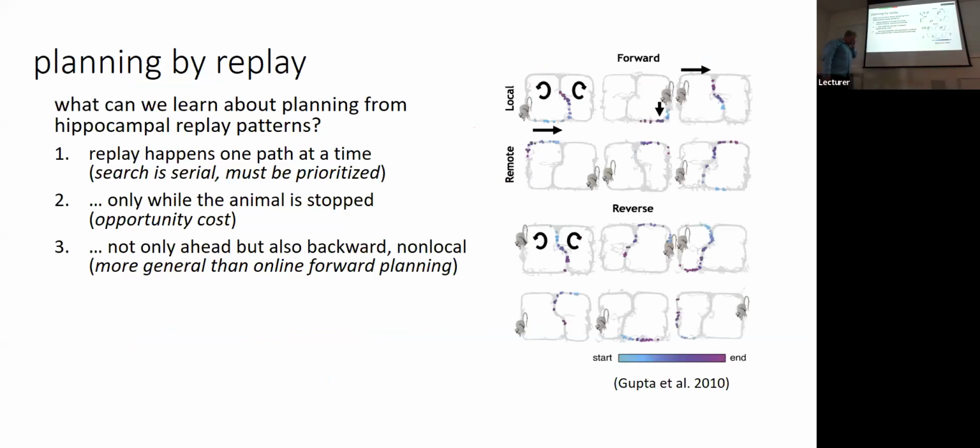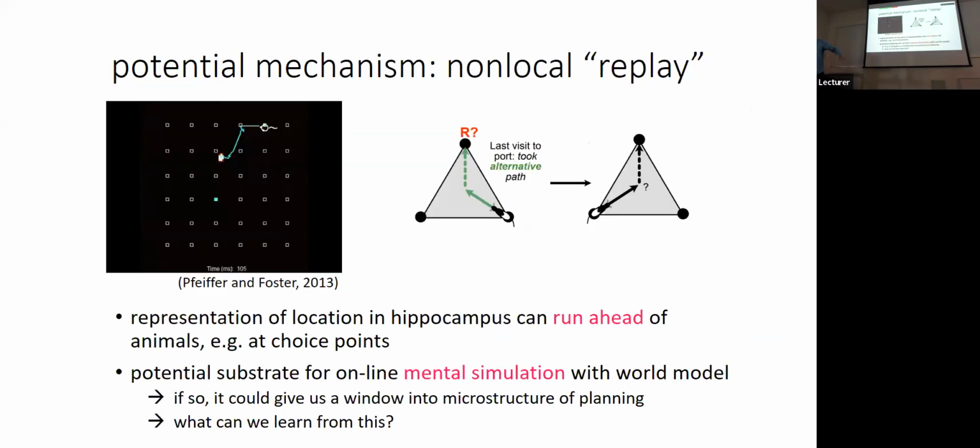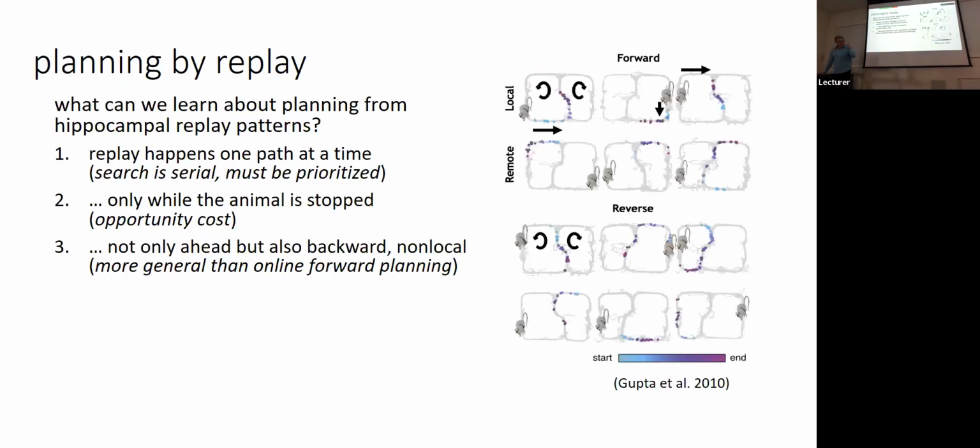So if we take this idea seriously, and again, it's only a hypothesis, I think we can immediately conclude a few things, or hypothesize a few things. The first thing I notice about this is it's like one path at a time, right? It's not a sphere, it's not a cone, right? It's just a path, right? So the search is serial.